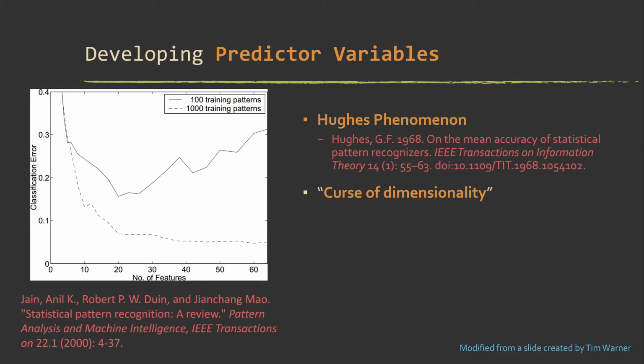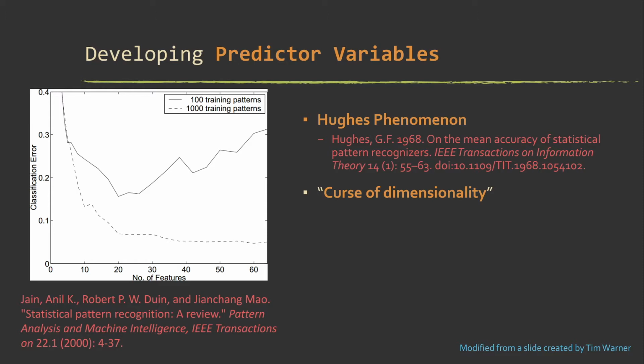But the explanation for this is that when we have more predictor variables, we have a more complicated feature space, more dimensions to worry about, which means we have a more complicated space in which to solve a problem. That generally means you're going to need more training samples in order to define or describe that space.